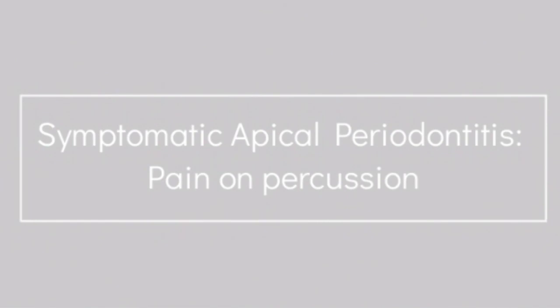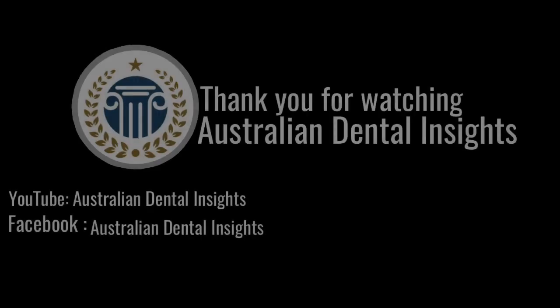Symptomatic apical periodontitis, you would see pain on percussion. Asymptomatic apical periodontitis, you would see a periapical radiolucency. And if you see none of these key features, then it's normal apical tissues. So each one has a key feature which will help you to diagnose the apical disease.